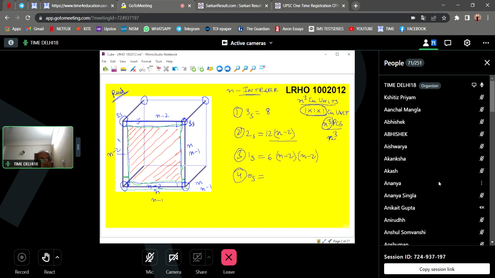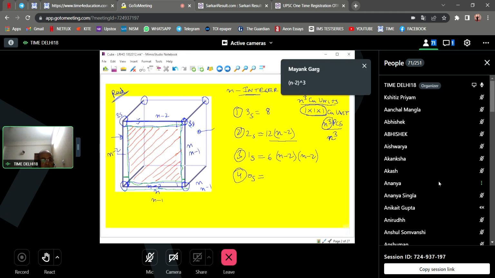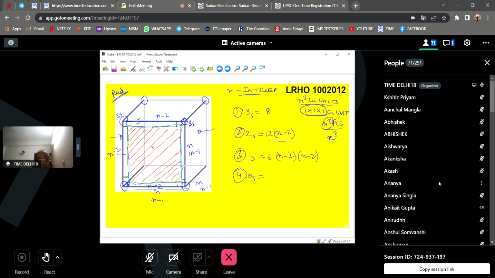Zero side painted के लिए मैं ये करता हूँ कि ये वाला जो फेस है, लेफ्ट वाला और राइट वाला फेस, मैं दोनों को हटा दूं. दोनों को हटाया तो ऐसे कितना लेंथ मिल गया मेरे को? n minus 2. एक मैंने टॉप हटा दिया, एक मैंने बॉटम हटा दिया, तो हाइट इसका n minus 2 हो गया. एक मैंने फ्रंट हटा दिया और एक मैंने बैक हटा दिया, तो इस तरह से भी n minus 2 बचा.